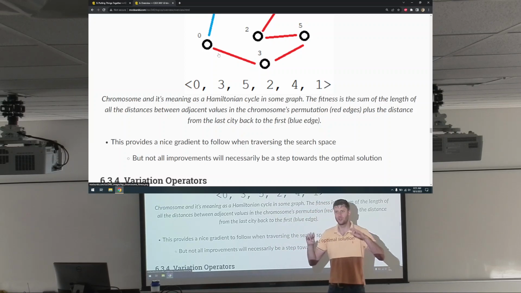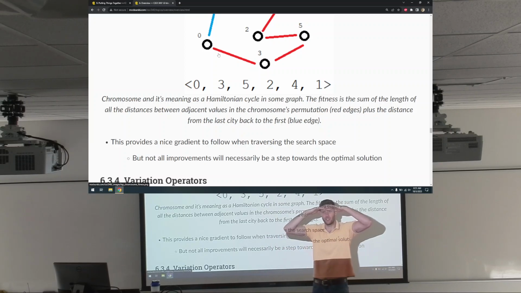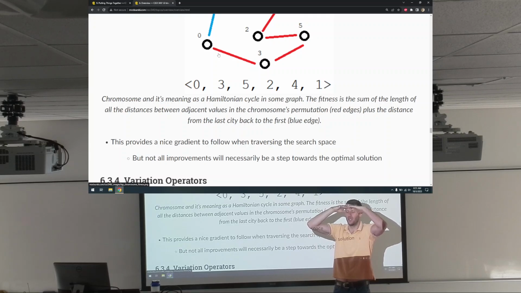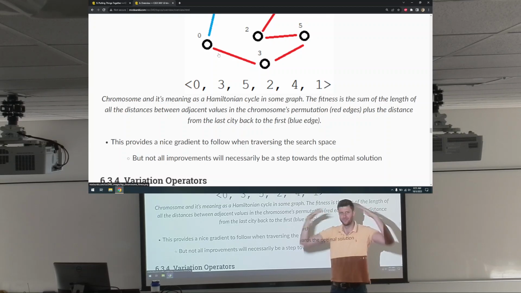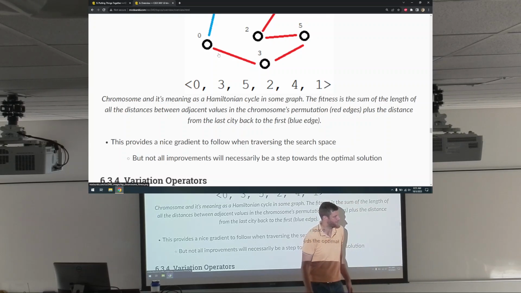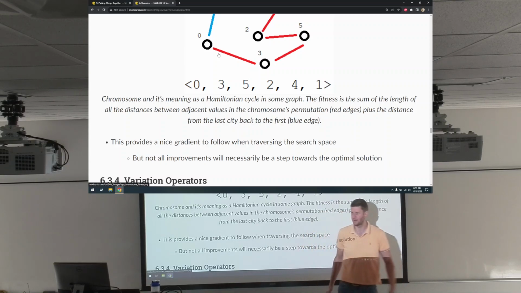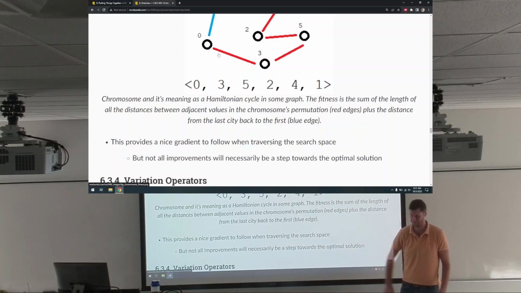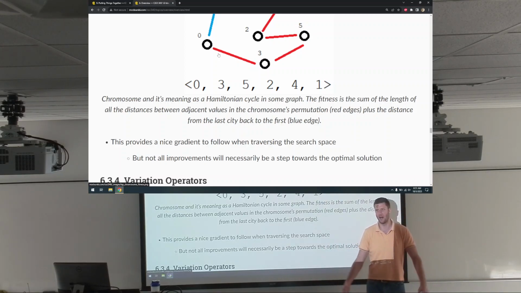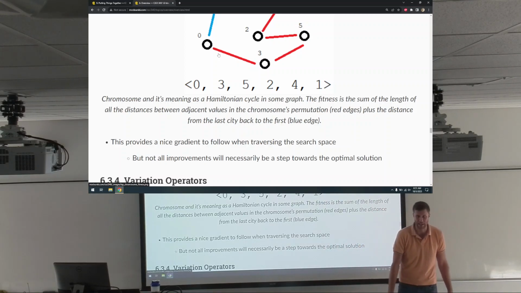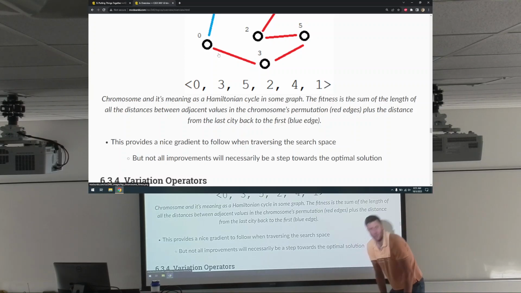But a gradient, we like it when, imagine the search space. Let's simplify it. We have a two-dimensional space, length and width. And I want to find, if you go down to the floor and you want to find the lowest part, this floor is not perfectly flat.